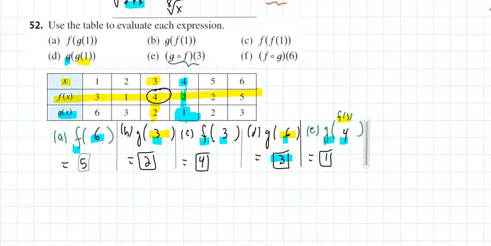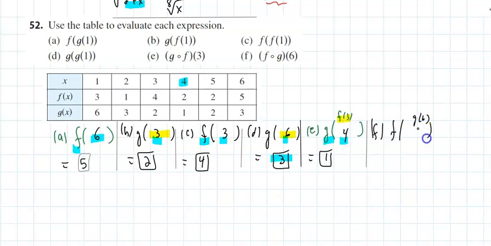And if I go by the last problem, I want f of g of 6. So this restricts x to be 6. There's x equals 6. I want the g function. That's a 3.